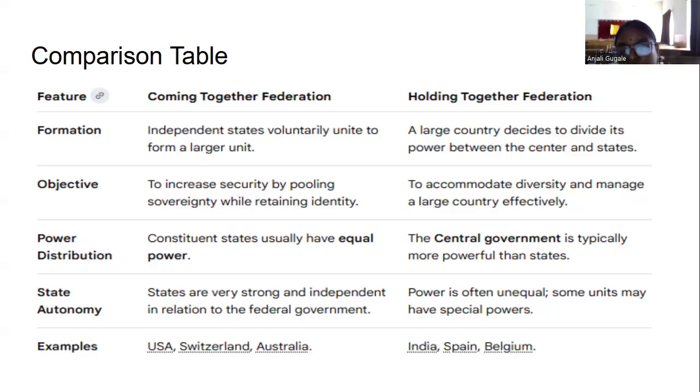So when we say accommodate diversity, India is a country where more than 1,300 languages are spoken. There are 28 states, right? So many states, with people of different ethnic groups speaking different languages and having different cultures. Some of them are more in number, some of them are lesser in number.